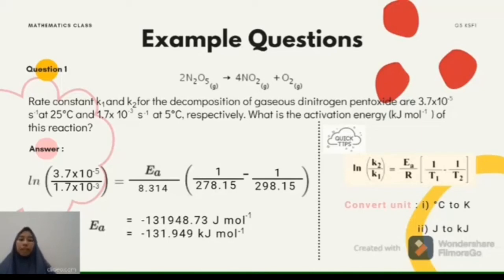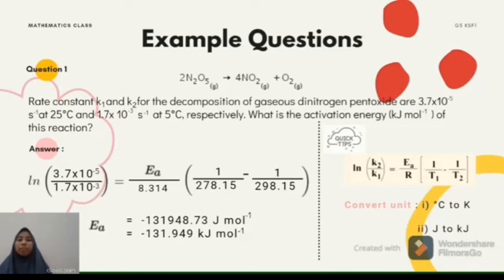So the second step, we must convert the unit from degrees Celsius to Kelvin. For example, 25 plus 273.15 to get 298.15, and for 5, we add 273.15, so we get 278.15. So we substitute like in the slide.